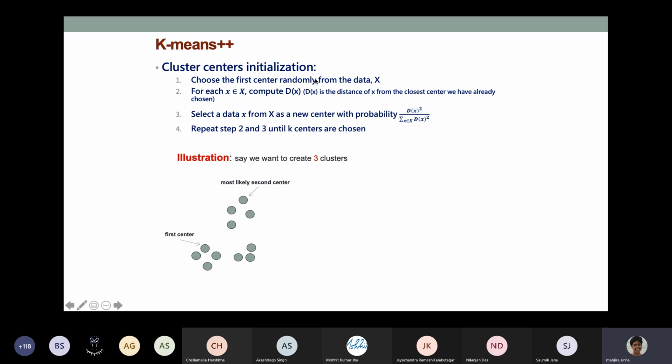Second, I calculate this D(x) for all the x in my data set, and I also calculate the probability. So this becomes most likely to be my second center. And then from these two centers, I converge to the third center, which will be most likely to be my third center.